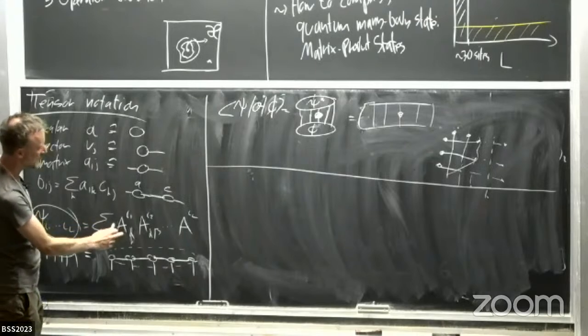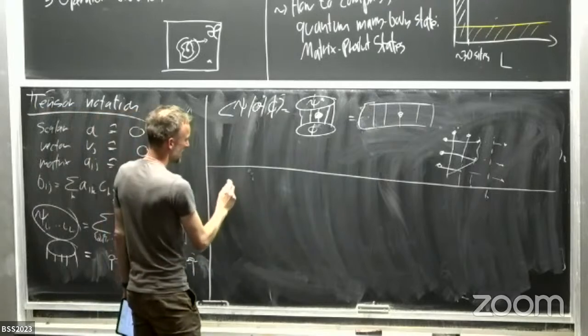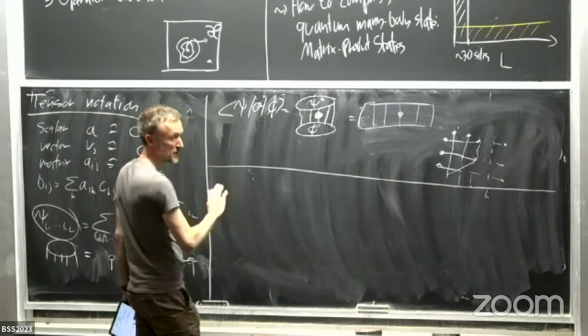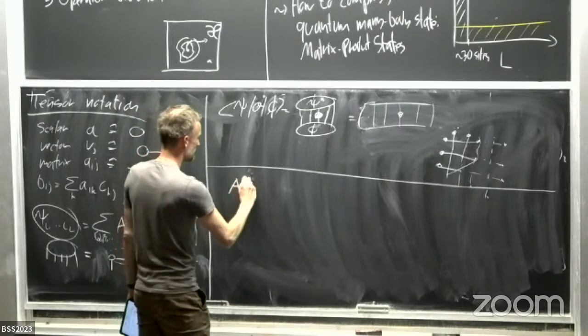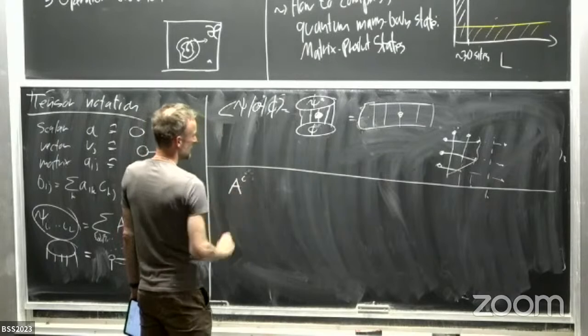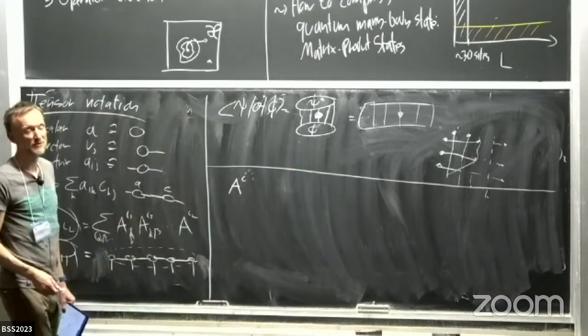But now we see that there's a gauge degree of freedom. Because if I say that, well, I'm now not writing the indices, and let's say that we have some matrices A^i describing my quantum state by multiplying all these matrices together.